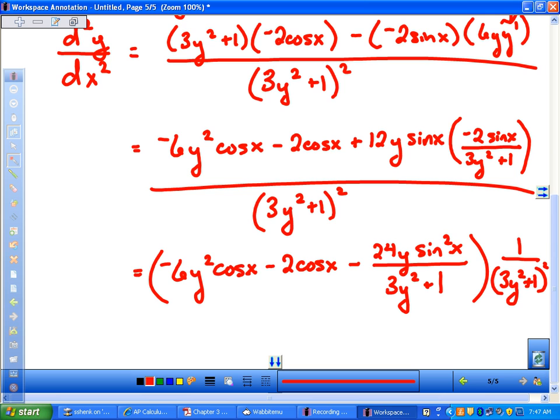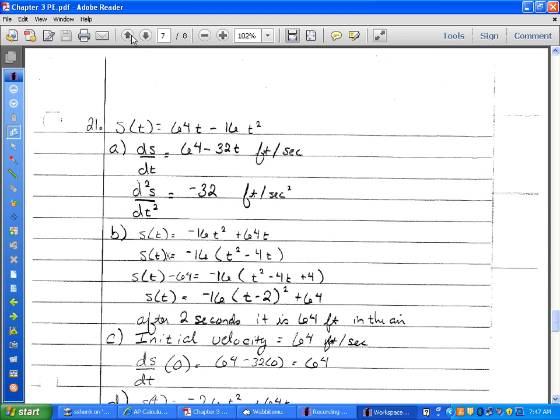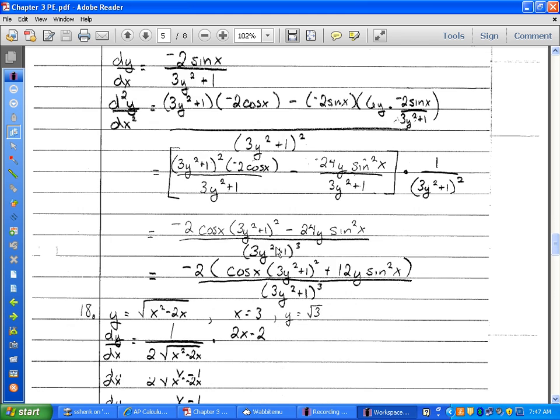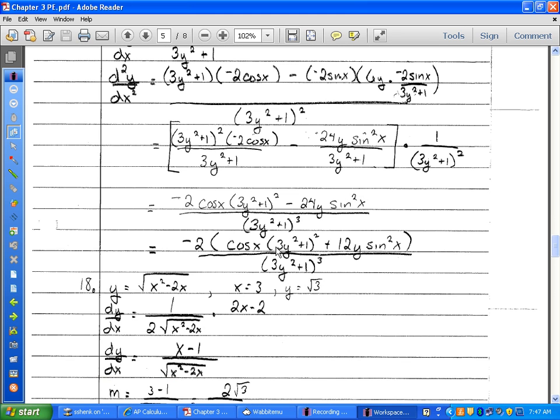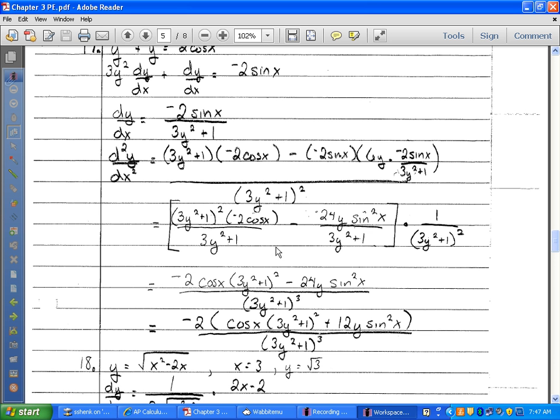How far have I simplified it down to? What did my solution manual go down to? This is 17? Yes. Okay, yeah, so I simplified it a lot further than that. So we're basically at this point right here.